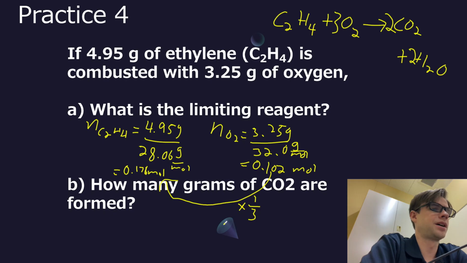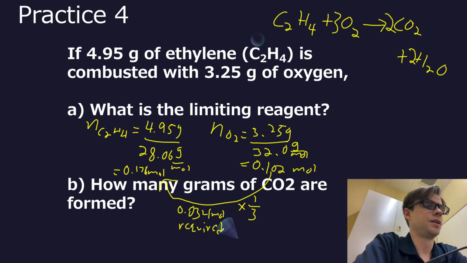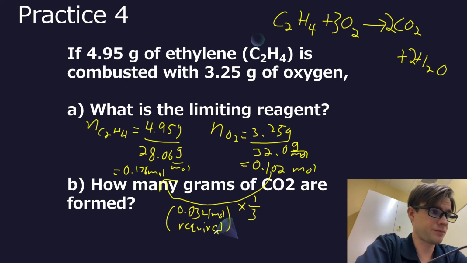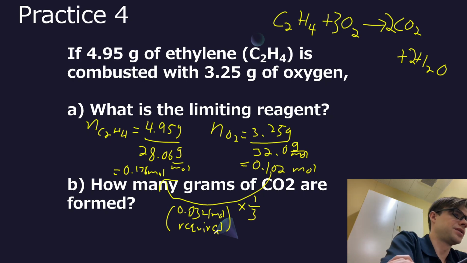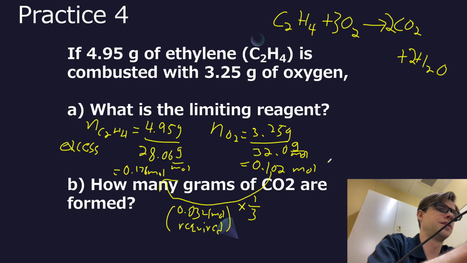So if we multiply by that, we only need 0.034 of ethylene. We have much more than that though. We've got 0.176. That's like, what, 5 or 6 times as much as we need. So C2H4 is excess. 0.102 of oxygen is limiting.